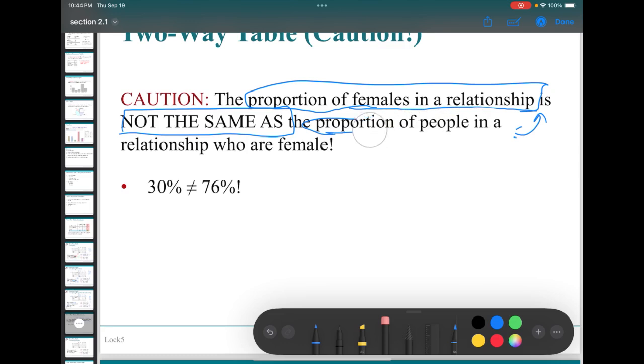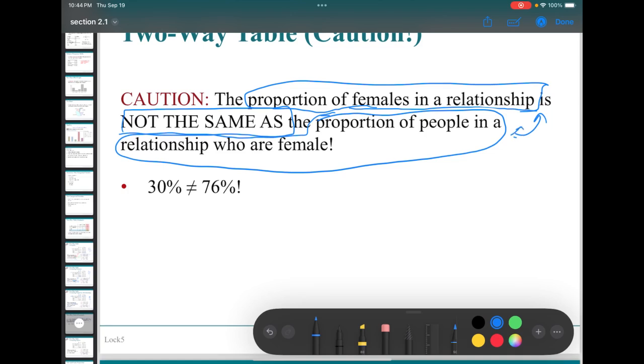Let me circle it for you: these two pieces. The proportion of females in a relationship is 30%, and the proportion of people in the relationship who are female is 76%. Why does this happen? Although these two seem similar, statistically they are different.